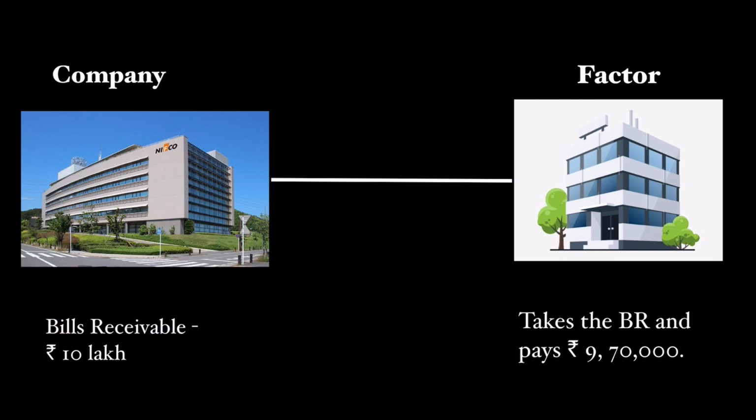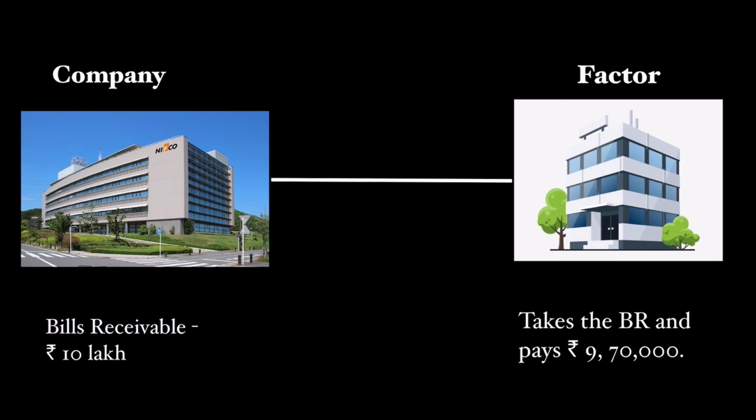Now, what does the factor do with these bills? Factor goes to the individual client or customer on each bill of exchange when it matures. The factor institution is going to recover from the client or customer whenever the bills mature. Is that clear?